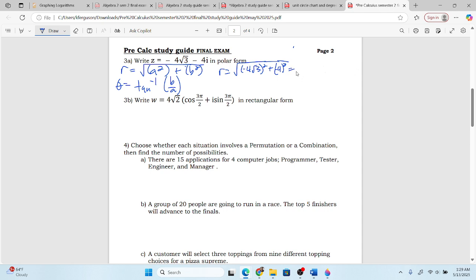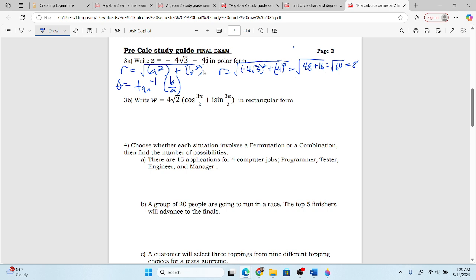That's going to be square root of 48 plus 16, that is the square root of 64, which is 8.